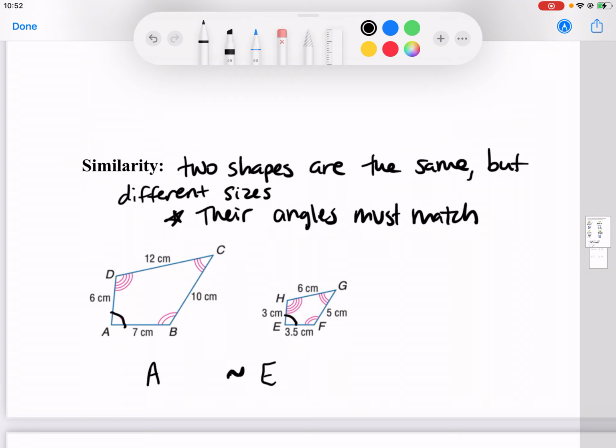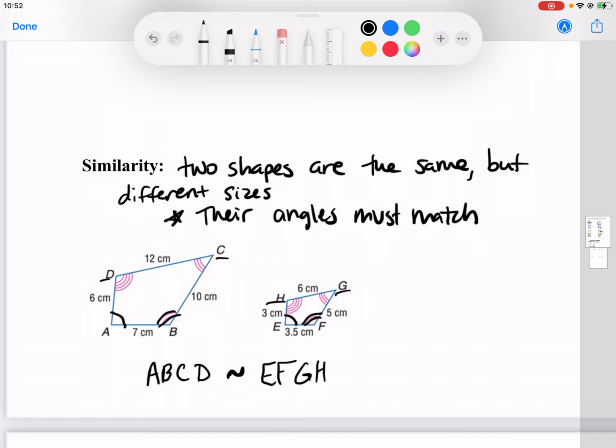If we start with angle A, we'd have to start with angle E. B matches with F, C matches with G, and D and H are matching. So we'd say these two figures are similar.